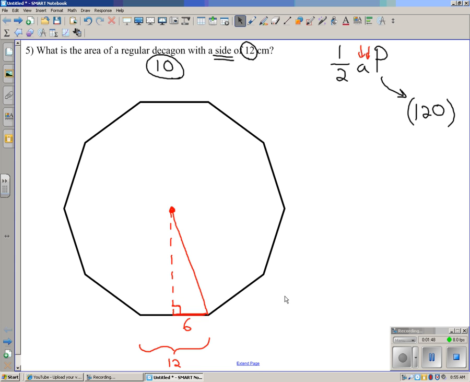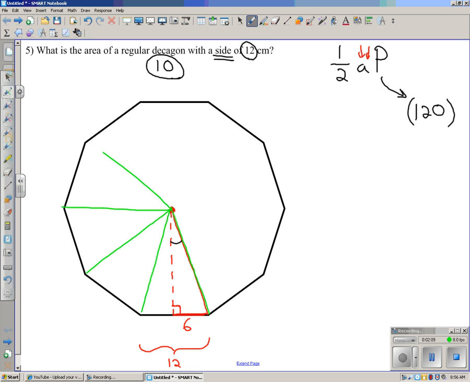Now, as far as the angle in here, we had a way that we figured this out. Again, don't draw this part because it would be a little bit cumbersome. But if we look at this decagon in its entirety, there are 10 triangles with 10 central angles.